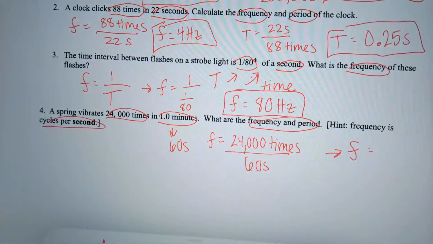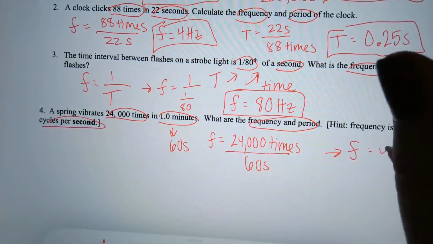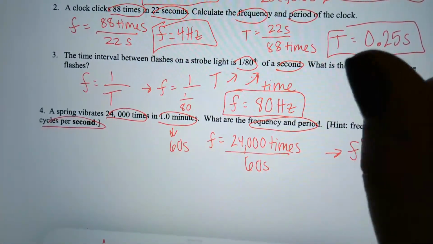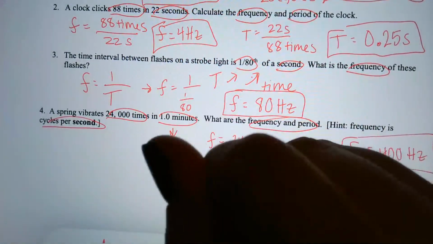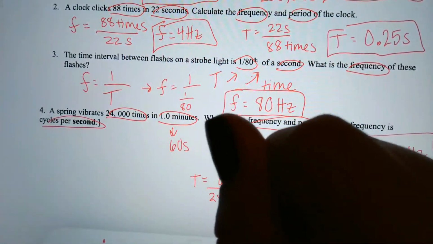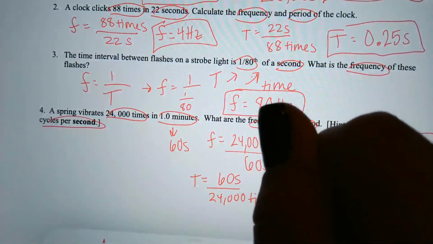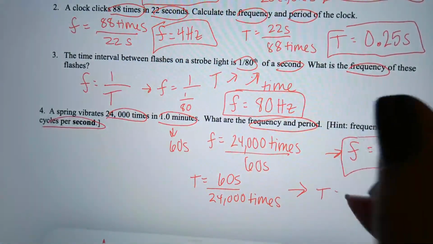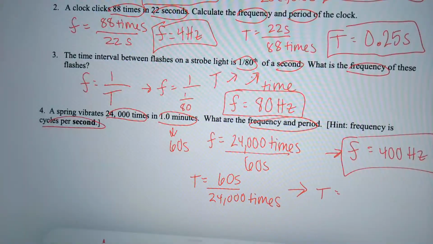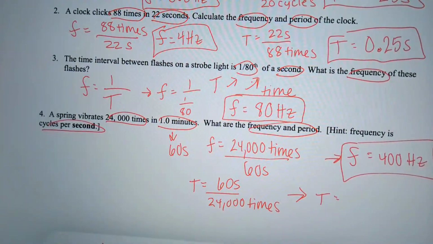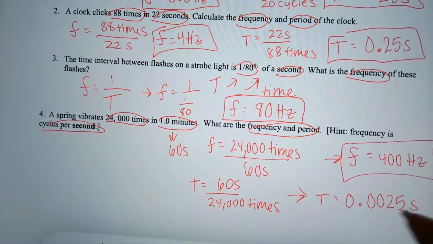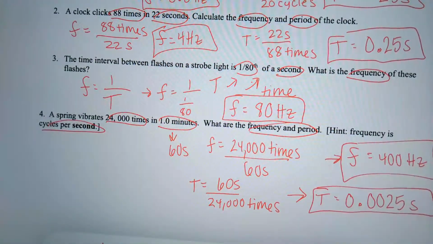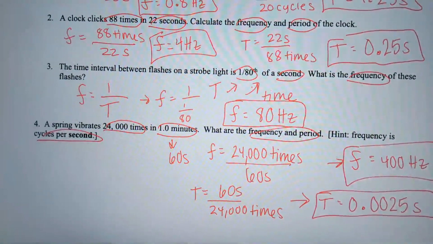So 24,000 divided by 60 is 400 hertz. And then the period is going to be 60 seconds over 24,000 times. So 60 divided by 24,000. And you get 0.0025 seconds.